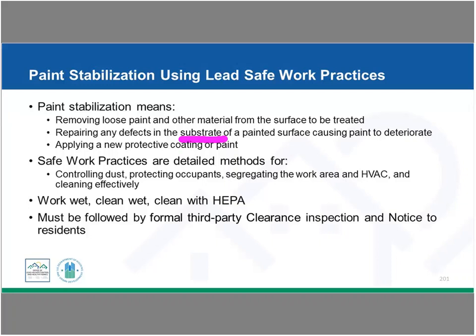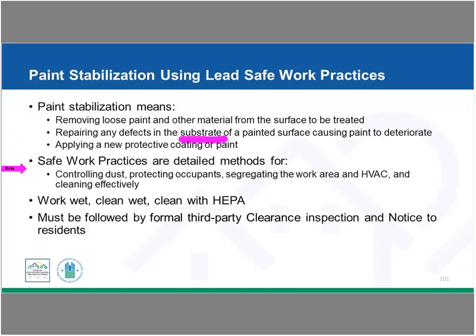So we're making sure that we're repairing any defects in that material underneath the painted surface that might be causing that paint to deteriorate. And then after we've repaired that substrate, we apply a new protective coating of paint. We need to make sure that safe work practices are being followed.